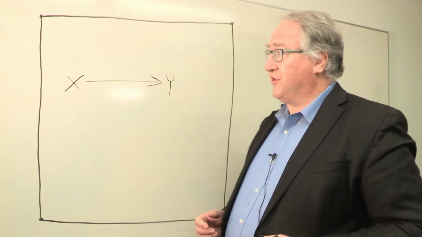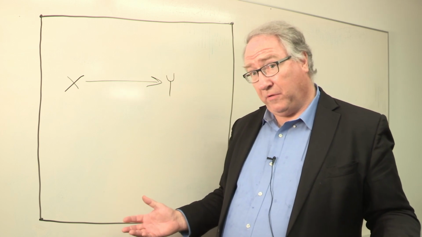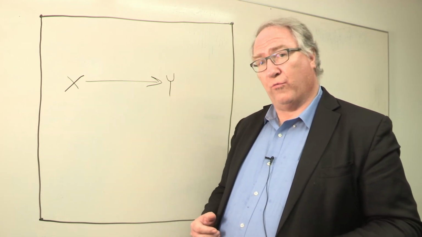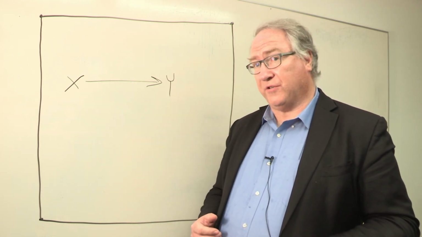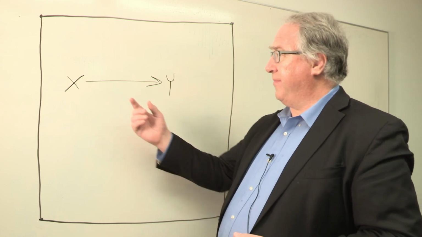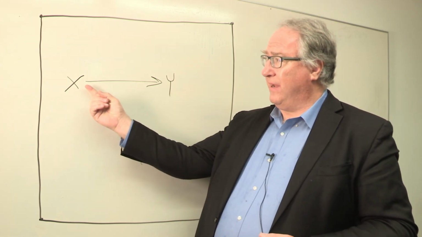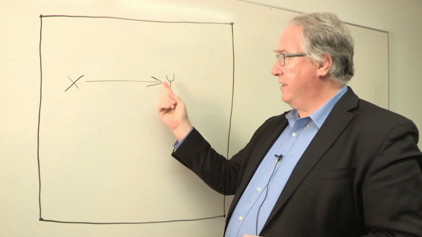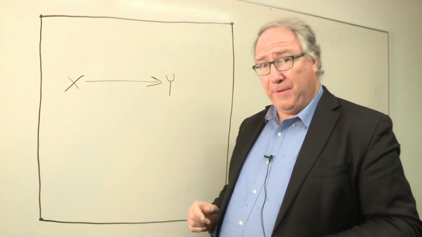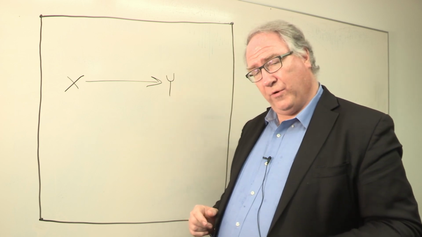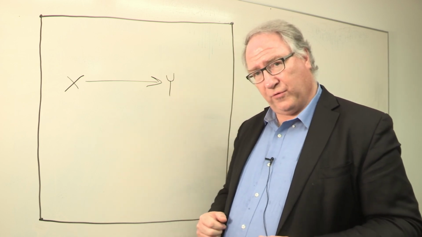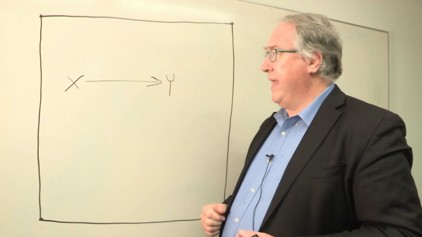The x variable is some independent variable, or in regression, we might refer to that as a predictor variable. And the effect of that independent variable, x, is on some dependent variable. In regression, that is also referred to as an outcome variable.